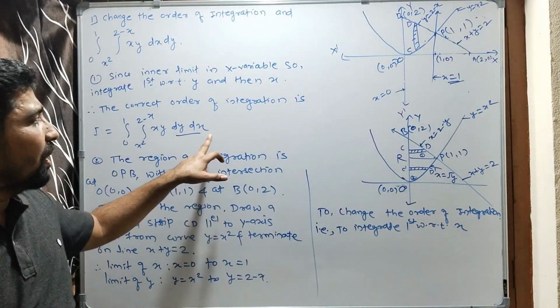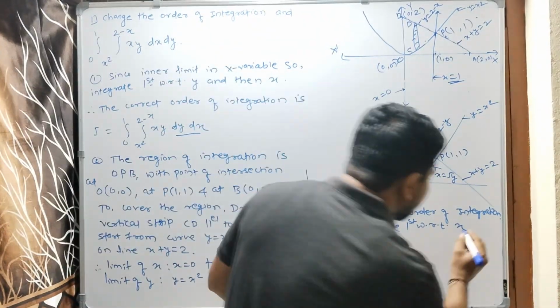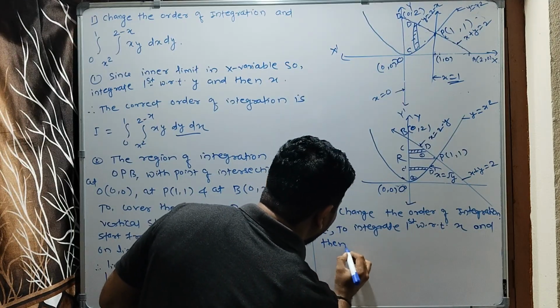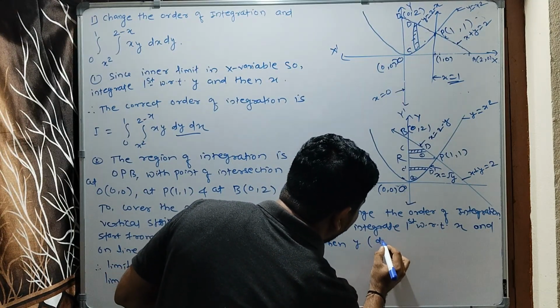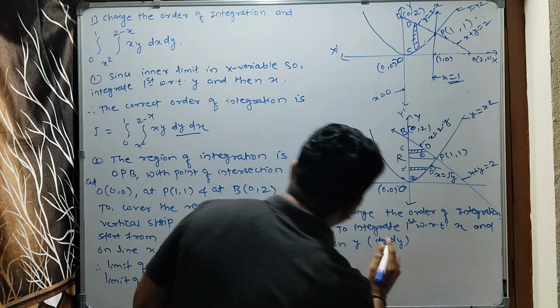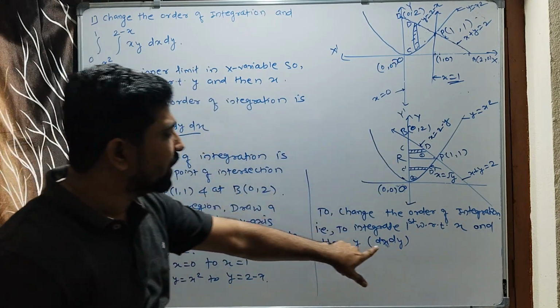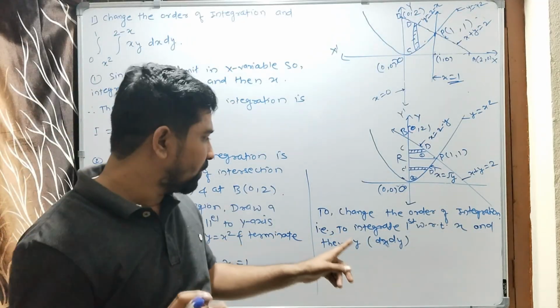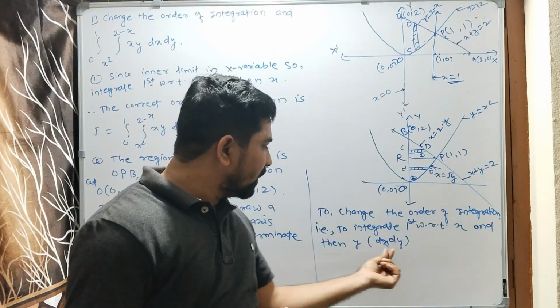After changing the order, we first integrate with respect to x and then y, that is dx dy. So we want to change from dy dx to dx dy. There is no need to write this in brackets.